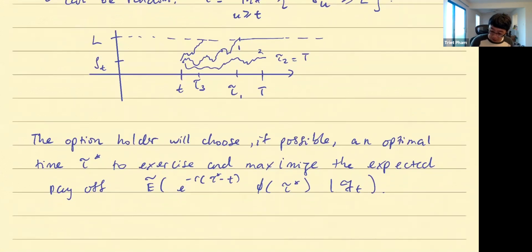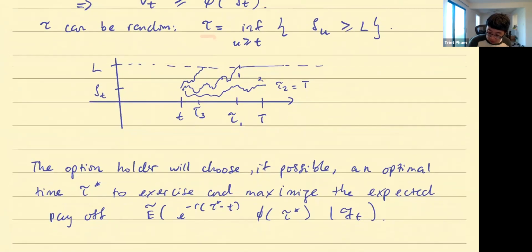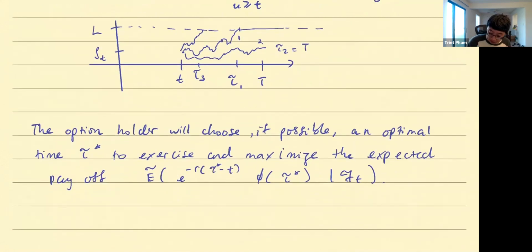So in other words, for each choice of time from time little t to time big T, this is the person's expected payoff from the point of view of time little t. The person, because he can choose any time that he wants, will want to maximize this.